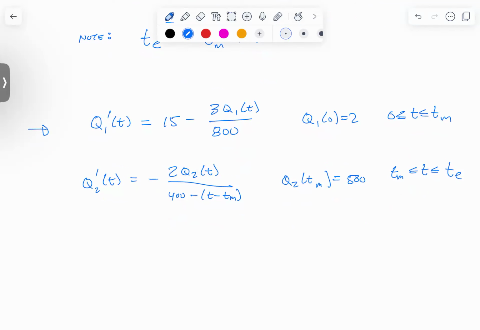So setting up is everything. Okay, so we got them all set up. We were able to simplify, and now we can actually solve.